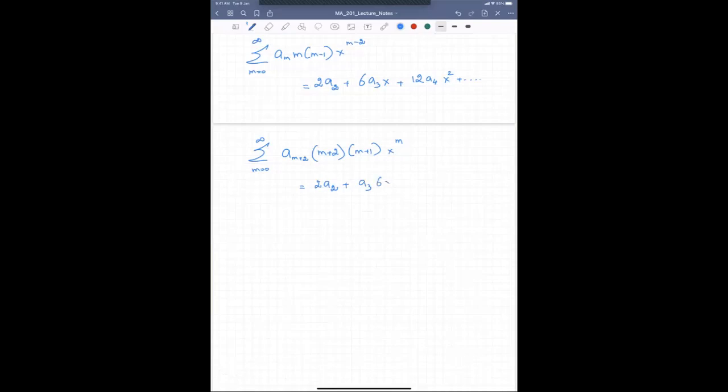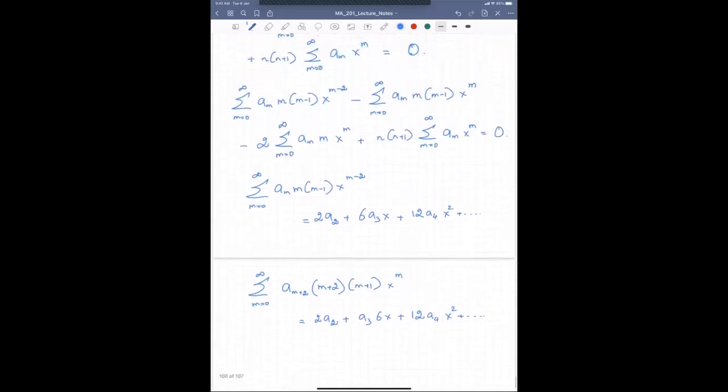So that is 6x plus, if I put m equals 2, I get 4 times 3, which is 12, a4 x square and so on and so forth. So you can see that the series matches term by term. This redefinition doesn't really change anything about the series at all. This is just a convenient way to repackage the exact same series.